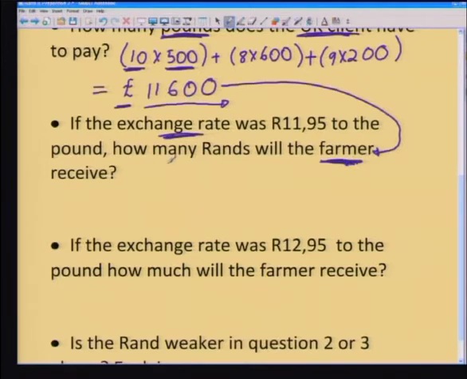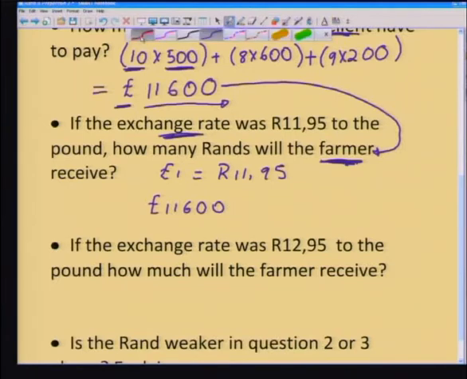They did tell us that 1 pound is equal to 11 Rand 95. But we know that he is not getting just 1 pound, he's getting 11,600 pounds. So we can treat this as an equation and say, I want to work out how many rands I'll get for 11,600 pounds.